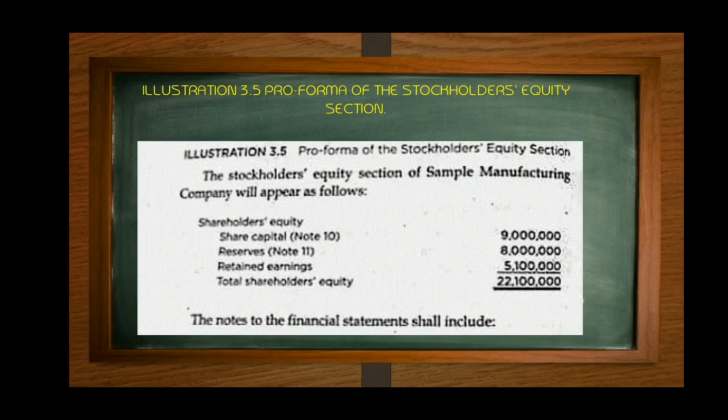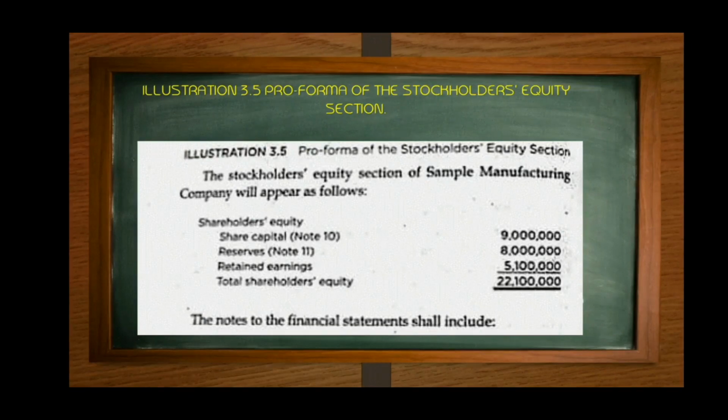So, di ba nga, nakalagay na entity shall disclose in face of SFP or sa notes. So, dyan sa presentation 1, ayan yung pinakang presentation ng shareholders equity sa statement of financial position.